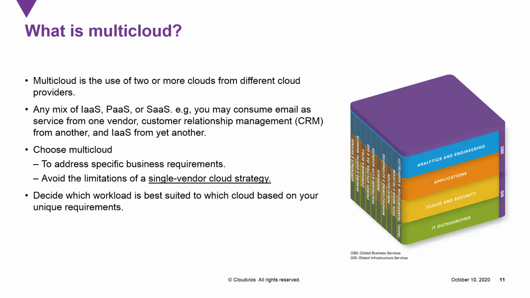As mentioned in the slide as an example, you may consume email from one vendor, let's say Microsoft, right? You can consume CRM from another vendor, maybe SAP or maybe Salesforce, right? And you can use the IaaS from Google or IBM. I mean, any mix is possible, right? Depending on the services that are meeting your requirement, right?